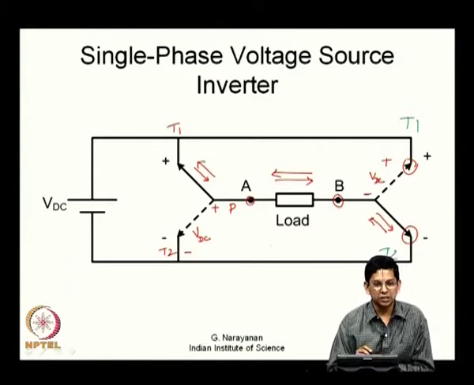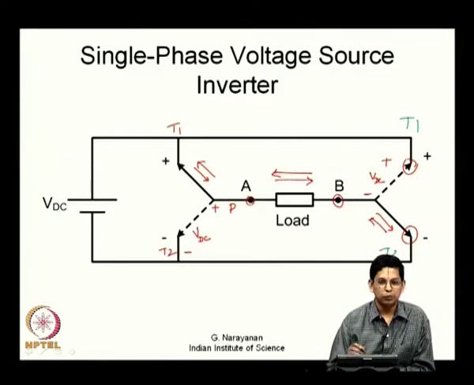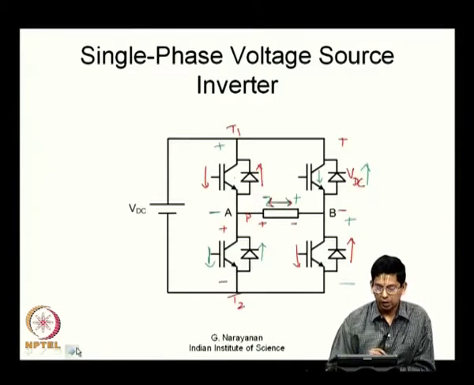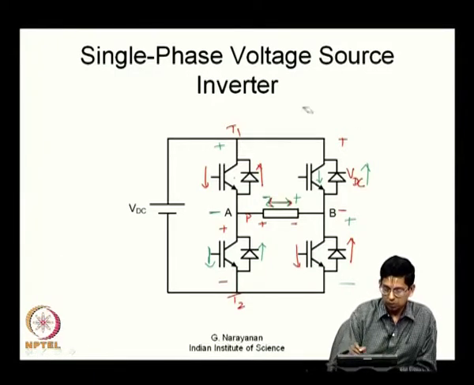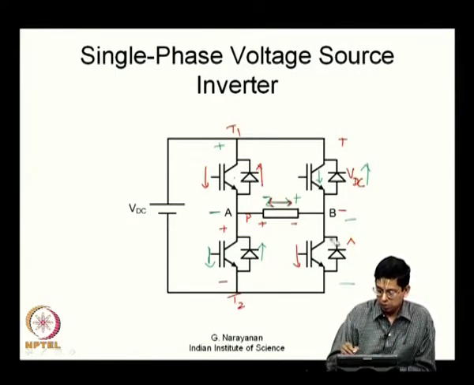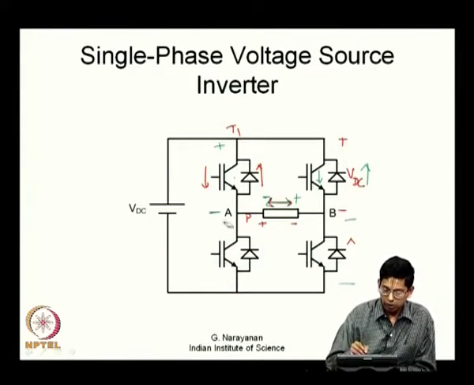And the next stage of this is realizing the electronic realization of the single pole double throw switches, which is what we did just a while back. So, let me just clear off all this, so that we see a clear picture of the inverter.